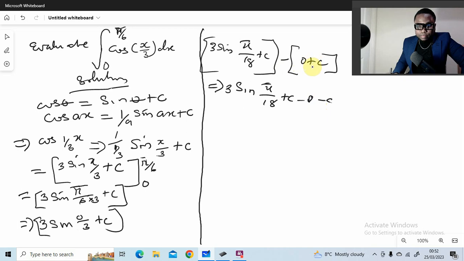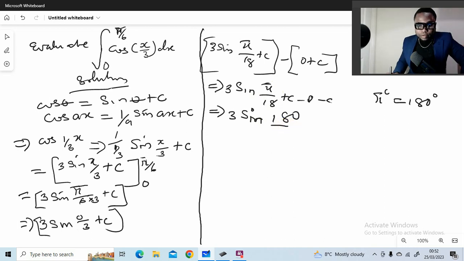So this is equal to 3 sine. There's something I want you to know: pi radian is equal to 180 degrees, because pi in radian is equal to 180 degrees. It's very important to remember. So in this case, I'm going to replace pi with 180 degrees.